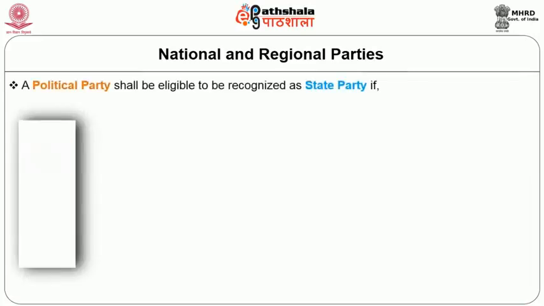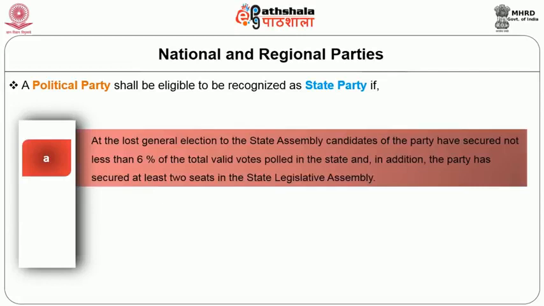A party is recognized as a state party if at the last general elections to the state assembly it has secured not less than 6% of the total valid votes polled in the state, and in addition has secured at least 2 seats in the state legislative assembly.